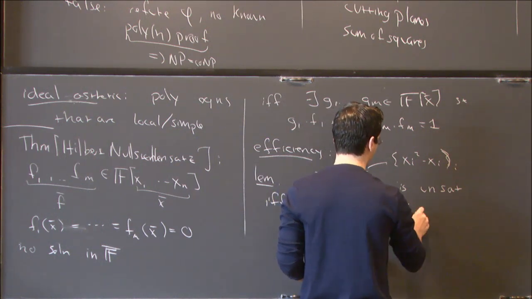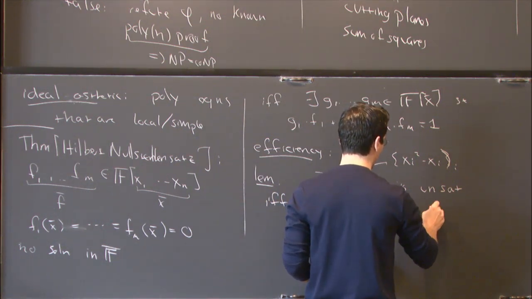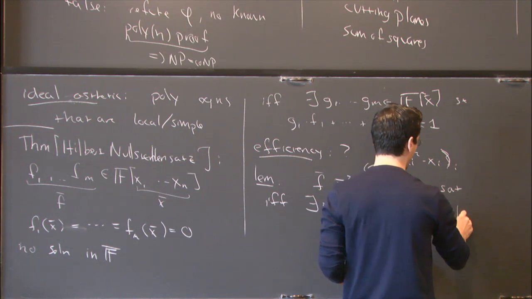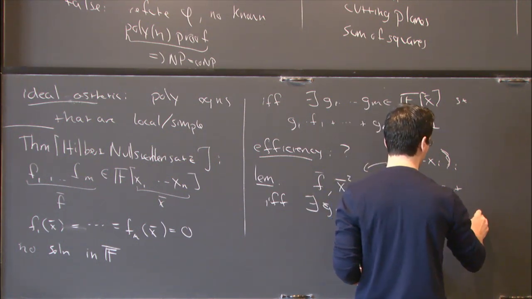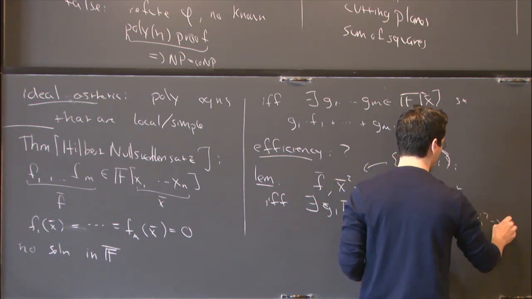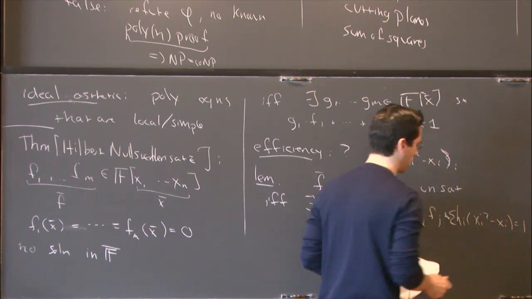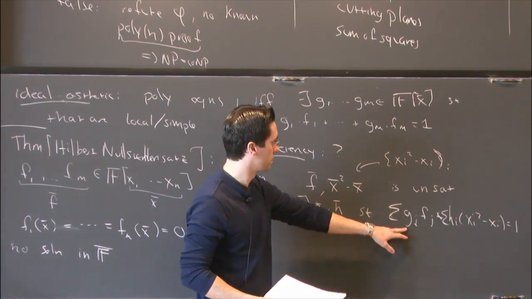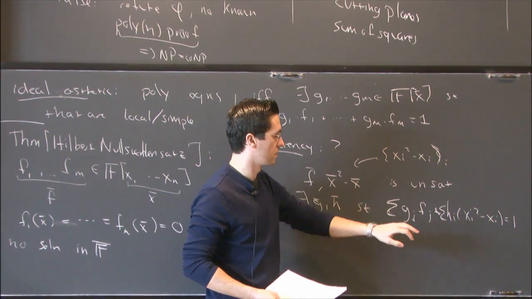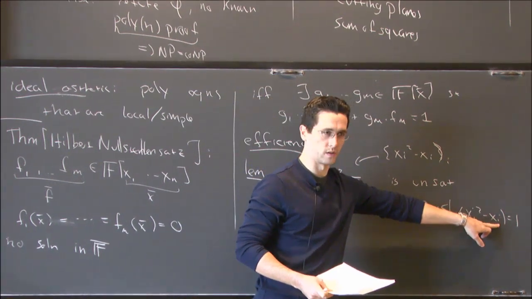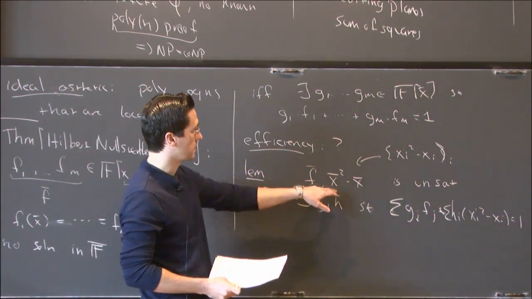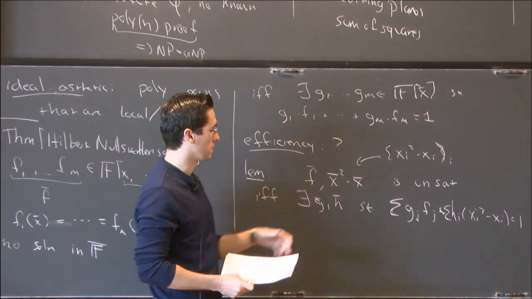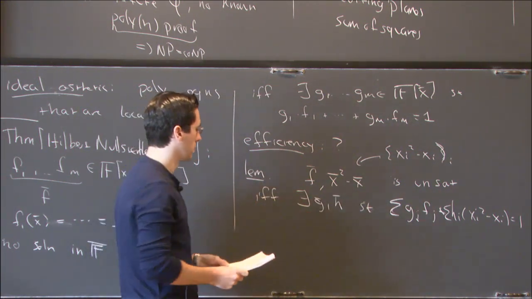such that the summation of Gj Fj plus Hi times the Boolean axioms equals 1. So it's the same thing where I'm using G's to represent the coefficients of the F's and H's to represent the coefficients of these Boolean axioms. But now, because I have these Boolean axioms here, I can actually bound the complexity of these.